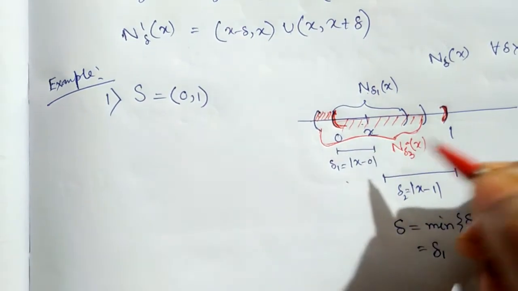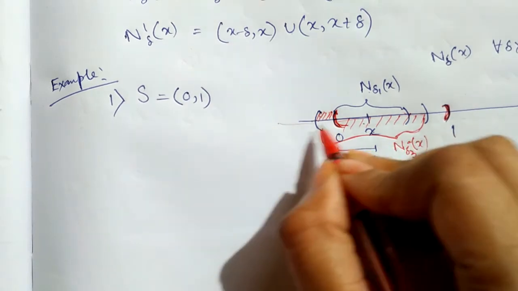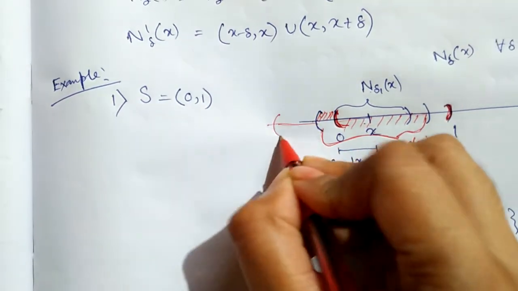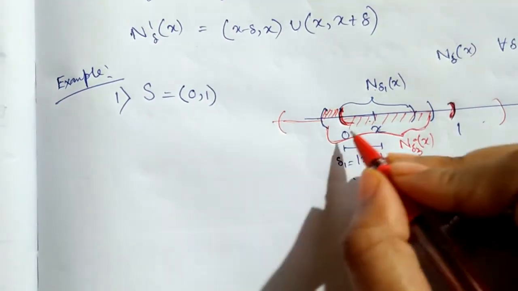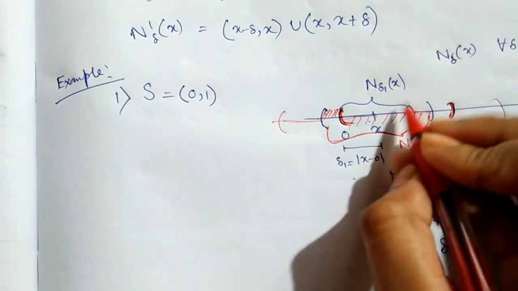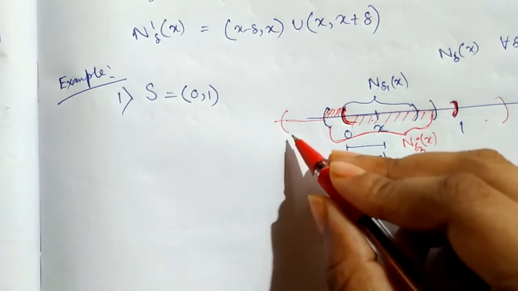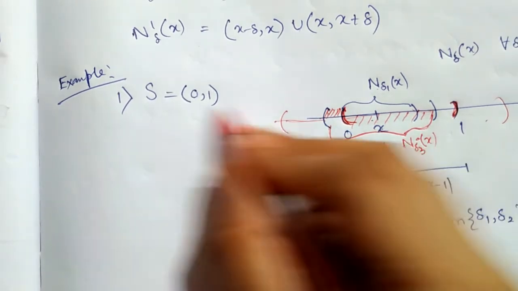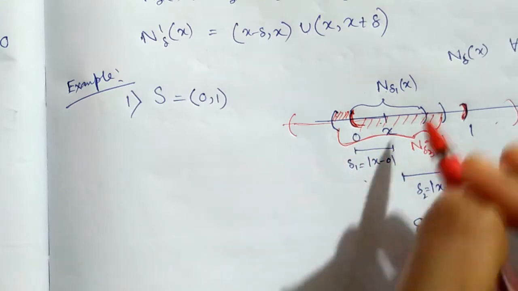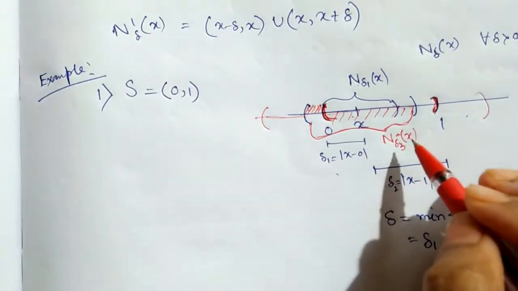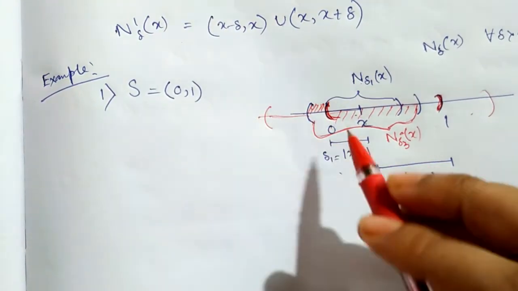In this way, if we increase the value of delta, and suppose this is a very large value of delta, in this case also this neighborhood contains the entire set S. So obviously this neighborhood contains a point of S other than x.